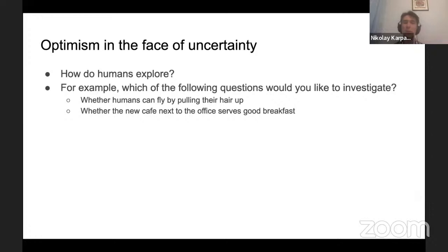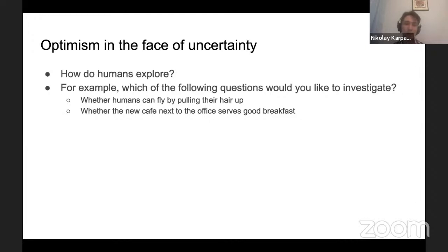The first one is whether humans can fly by pulling their hair up. And the second one is whether the new cafe next to the office serves a good breakfast. Probably it's obvious to you that the question we would investigate, if we are sane, is the second one.